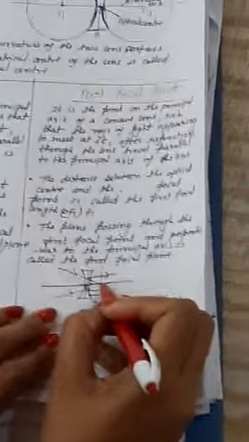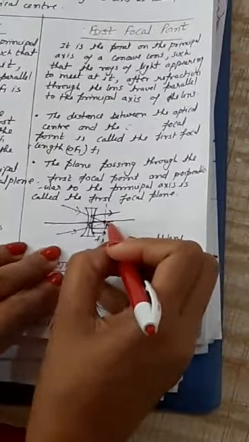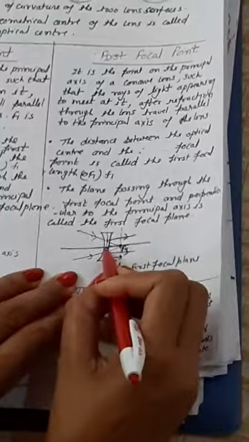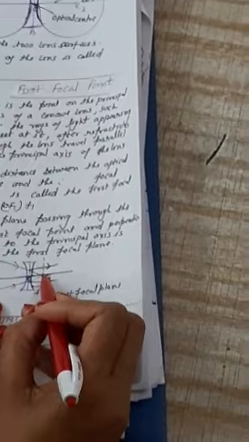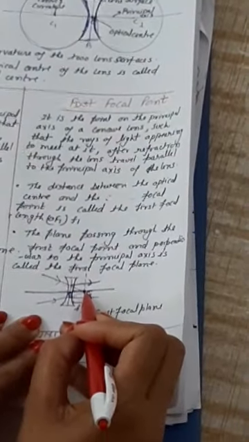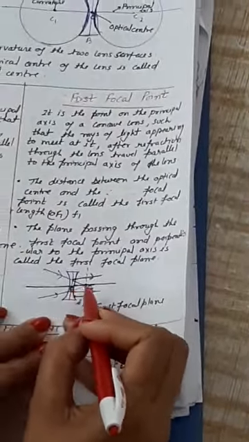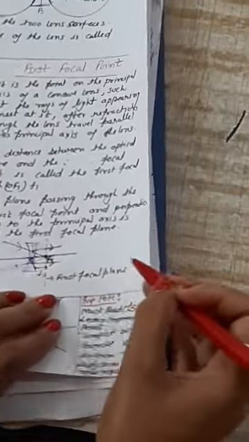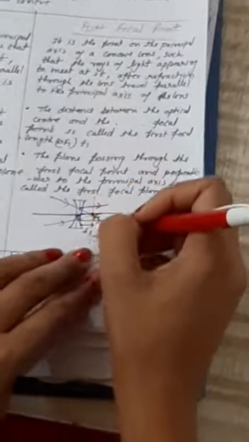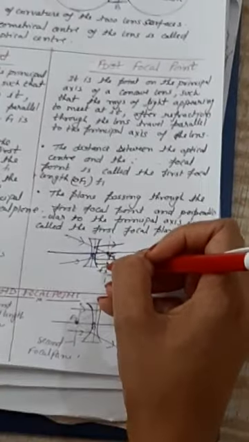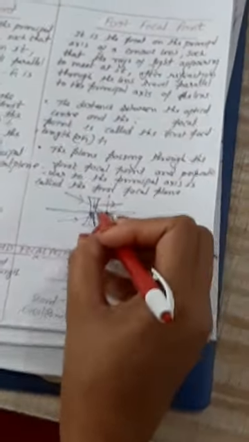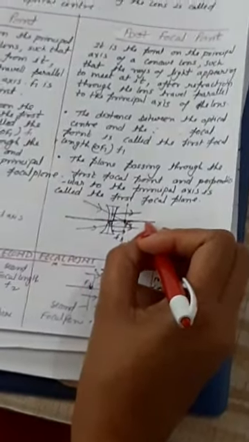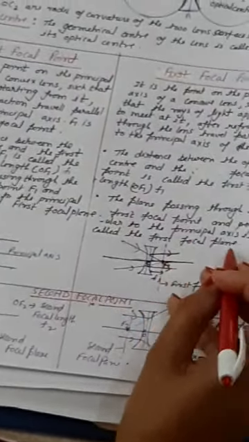This point is known as the first focal point. And the distance between the optical center and first focal point is the focal length, denoted by f1, OF1. How do you find the first focal plane? In the same way as in the convex lens, a line that passes through the first focal point and is perpendicular to the principal axis is called the first focal plane.